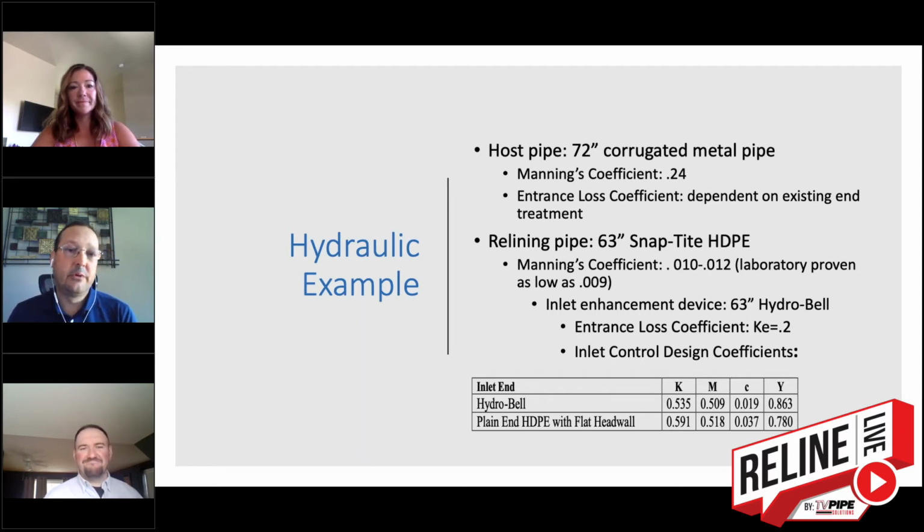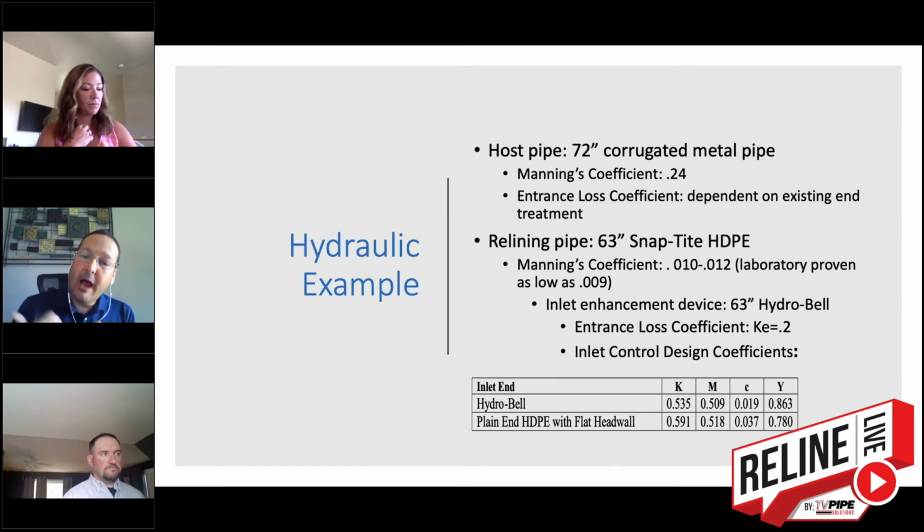So we're going to look at a number of different possibilities, but we do know that we are relining with a 63-inch Snap-Tite with a Manning's of anywhere from 0.10 to 0.12 that's typically accepted by the state. We know that its is 0.009 and have data to prove that. And then the entrance enhancement device, the HydroBell, has an entrance loss coefficient of 0.2.